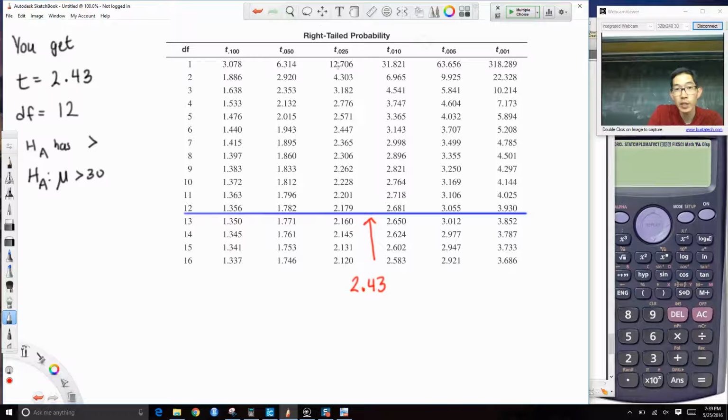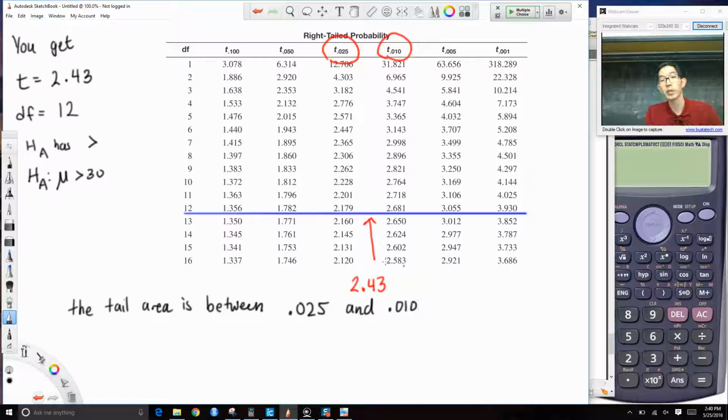I then go to my column headings, and I see right tail probability, and it says 0.025 and 0.010. So what this means is that the corresponding tail area is between 0.025 and 0.010.